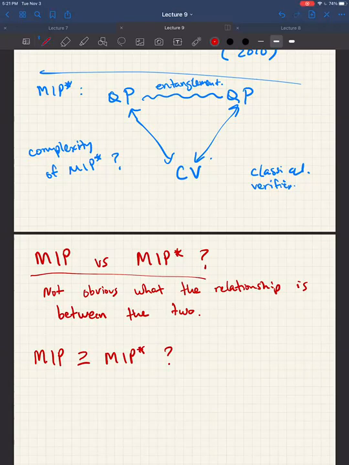That would mean the class MIP star is actually less powerful than MIP.